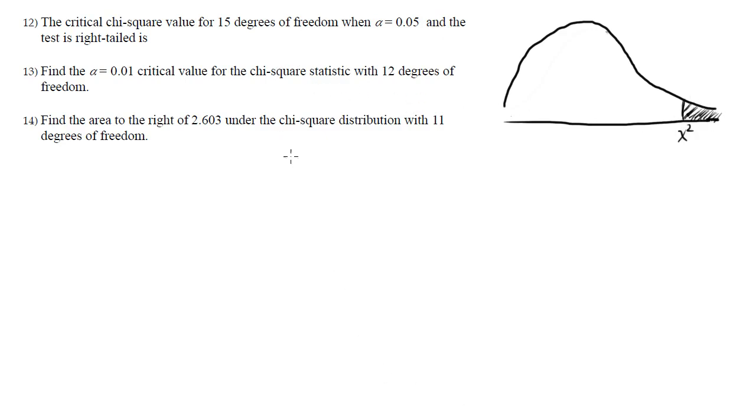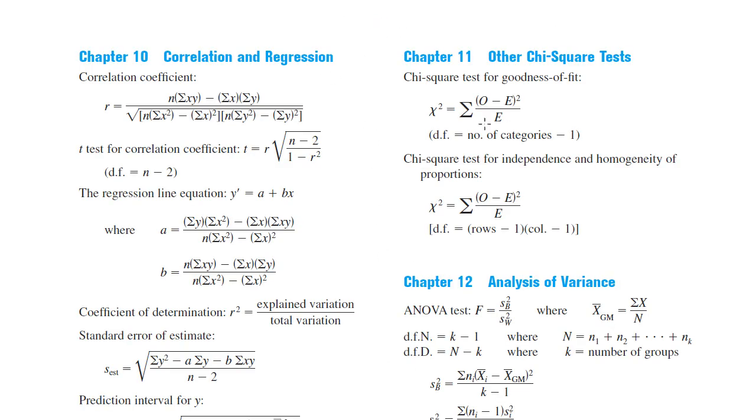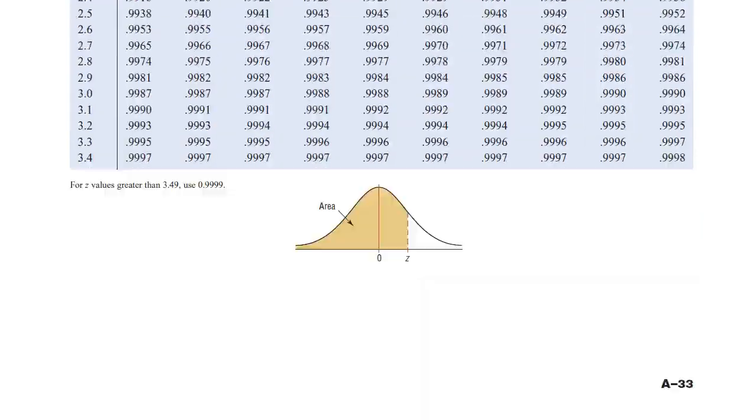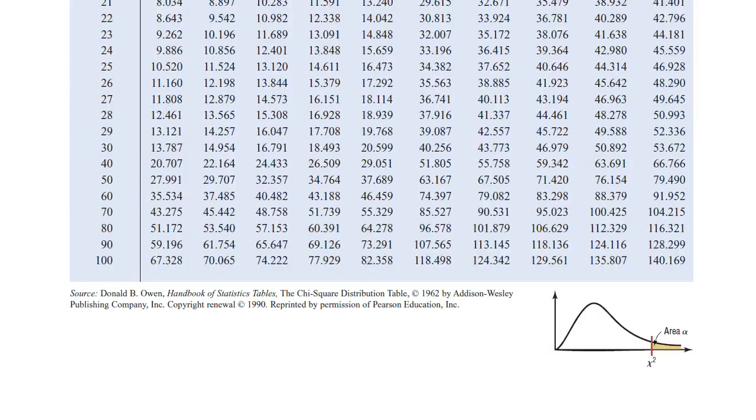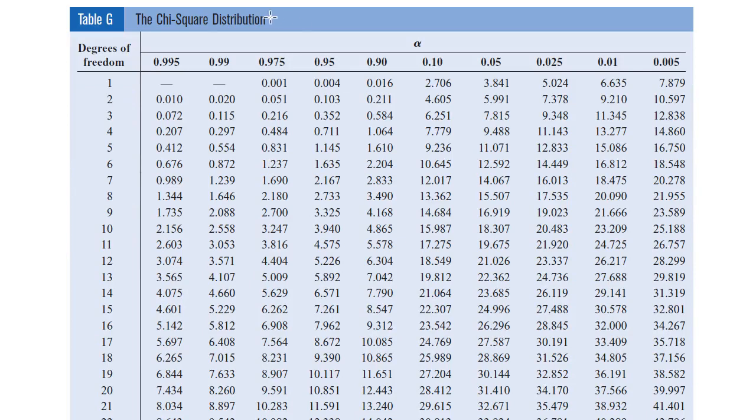So let's go to the table. 15 degrees of freedom, 0.05. It's the last one. See the area, alpha, to the right there. So it has the degrees of freedom on the left, in the first column, and then that top row is the alpha value.